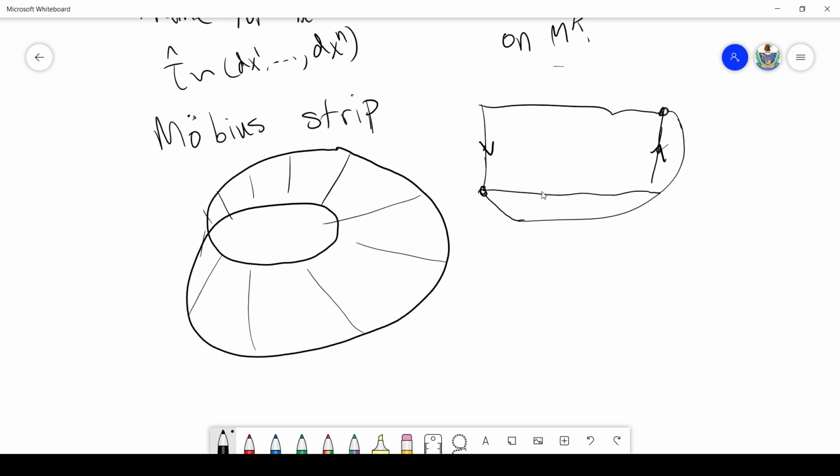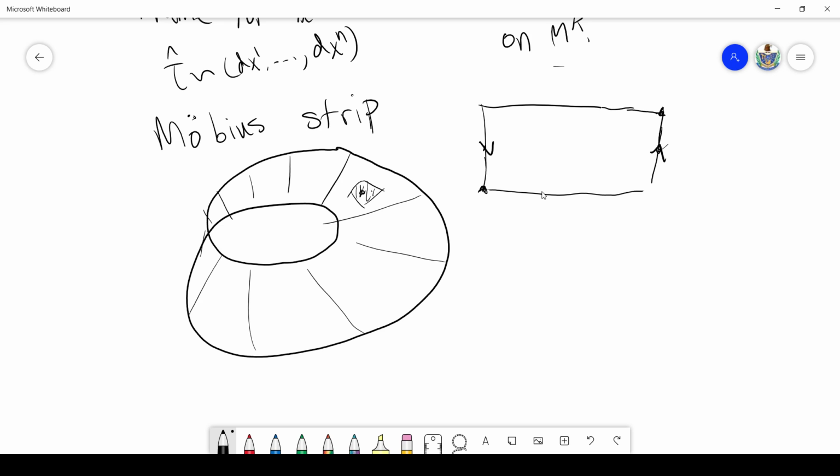And the Mobius strip is a manifold. It's a two-dimensional manifold, right? Because locally it looks like R^2. And it is non-orientable. So let's show why that is. It's easier to visualize in this drawing here. So I'm going to get rid of this line.